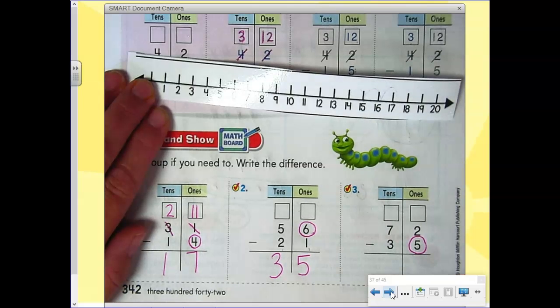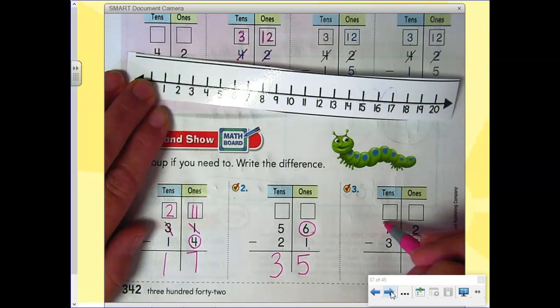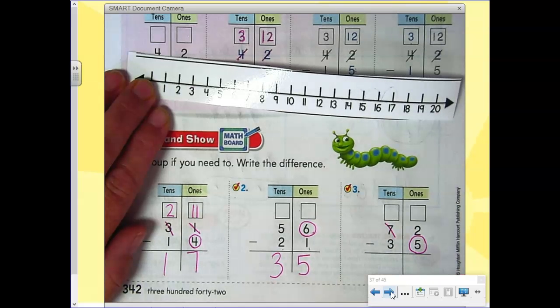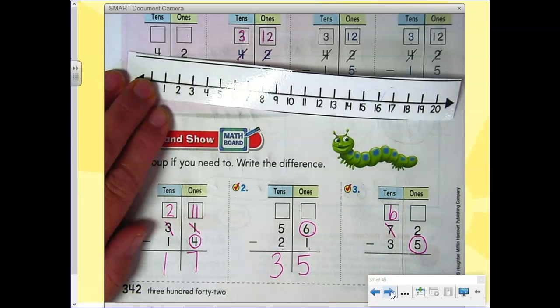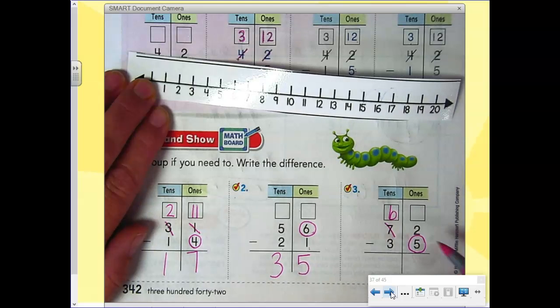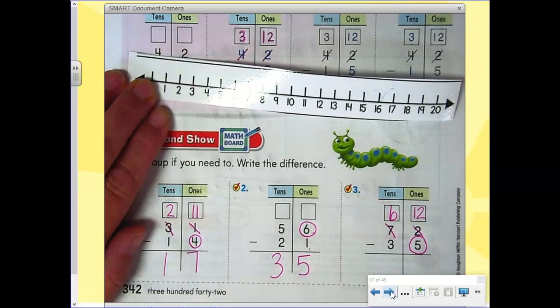We have to go next door and grab 10 more. 7 minus 1. 6. We have to add those 10 ones back over. 2 plus 10 more is 12. Now you subtract and write your answer.